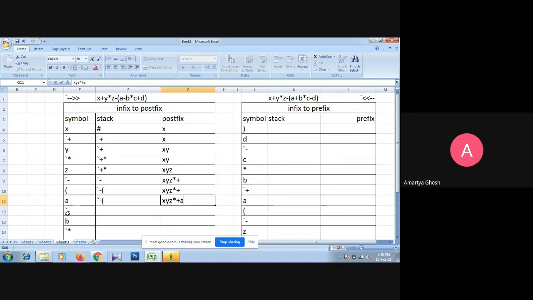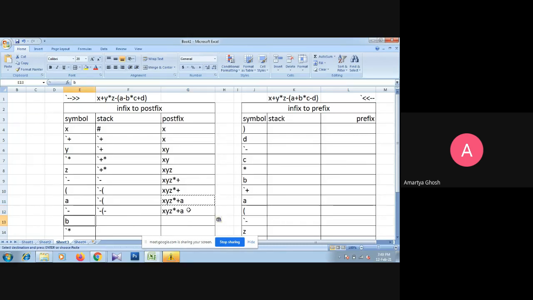Now minus is an operator, so within the bracket the first operator, minus, will go into the stack. Okay, and the post position will remain the same because this is an operator symbol.